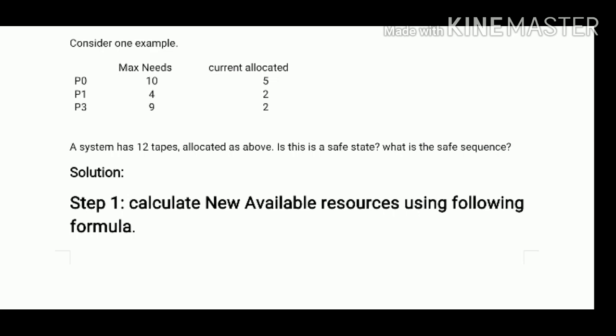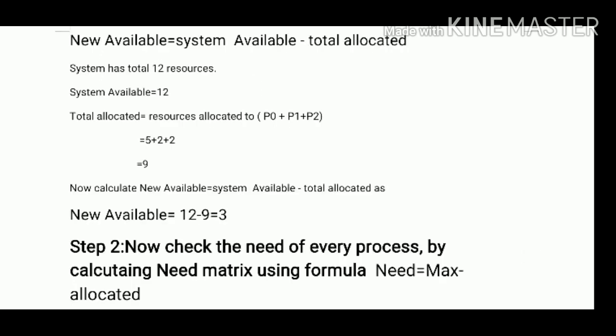The resources given to P0 is 5, P1 is 2, P2 is 2, so the total count is 5 plus 2 is 7, plus 2 is 9. So the total currently allocated is 9. The number of available resources in the system will be the total, 12, minus 9, which is 3.